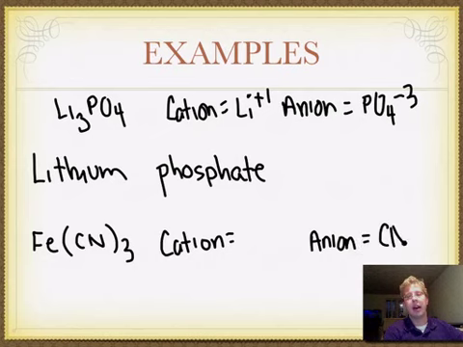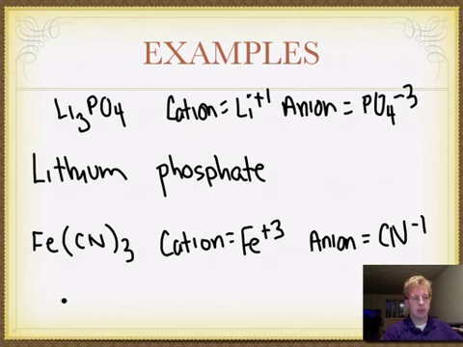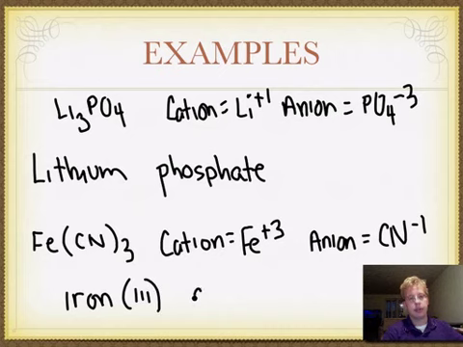Cyanide has a -1 charge, and I can get that information from page 257. If each cyanide has a -1 charge and I have 3 of those, that means I have to balance out a -3 charge. So that must mean that iron is a +3. So if I write out the name here, I'm going to write it as iron 3 cyanide.